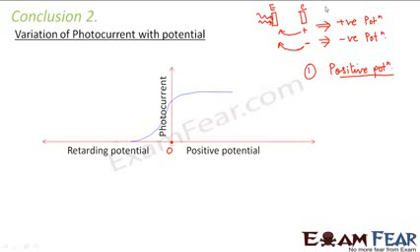So the metal plate is positive with respect to the photosensitive plate. Since it is highly positive, whatever electrons are coming out from this emitter will get attracted towards it. So the electrons will keep flowing towards the collector. That means as the positive potential is increased, more and more electrons will keep flowing towards the collector. So the photocurrent will increase.